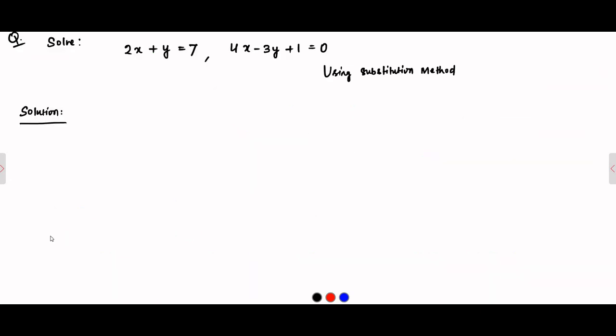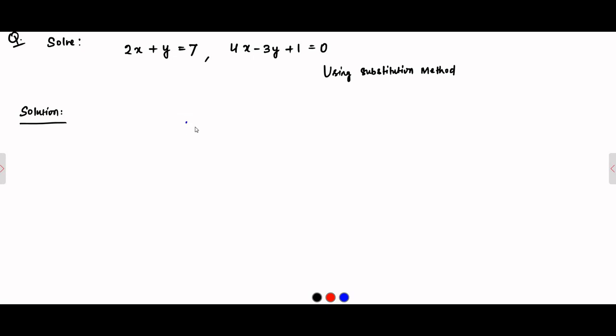So here is another question on solving linear equations in two variables using substitution method. The two equations given are 2x plus y is equal to 7 and 4x minus 3y plus 1 is equal to 0. First we'll write these equations.